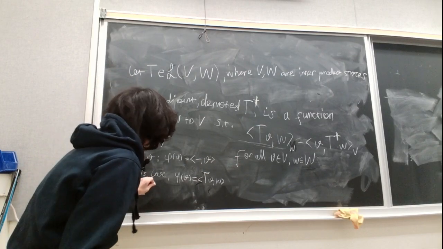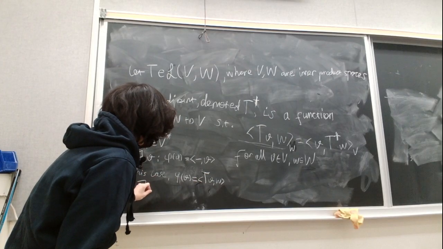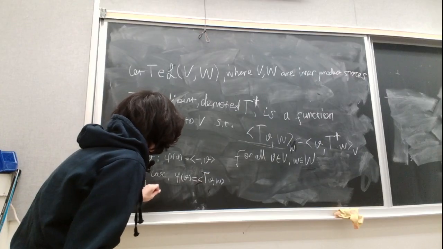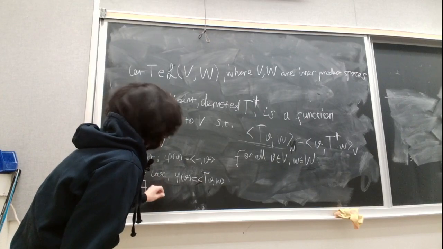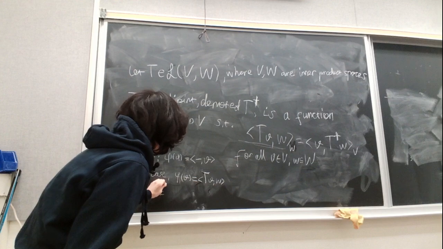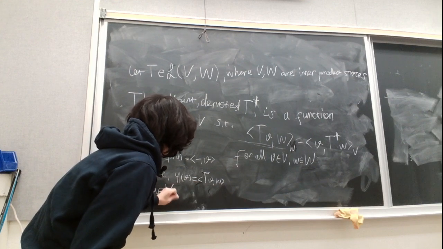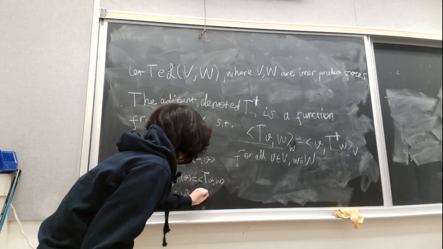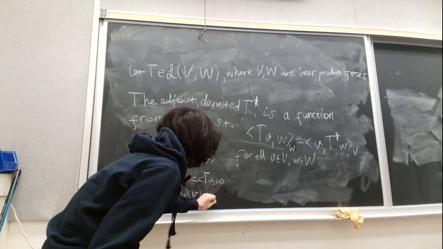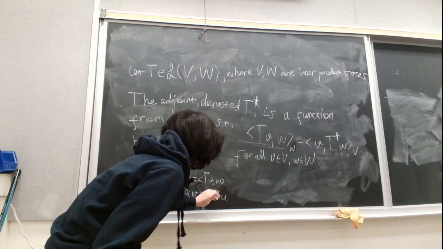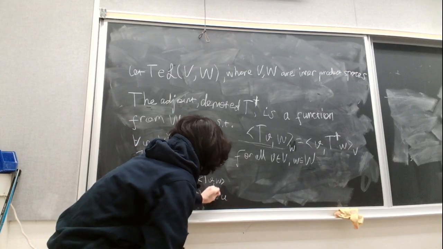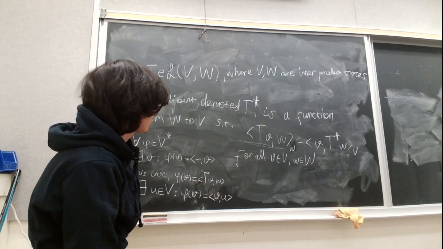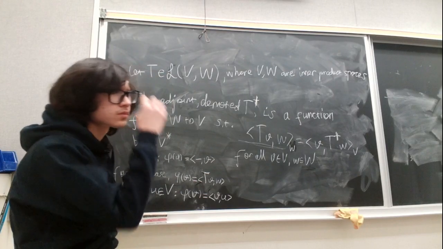Let's do that. There exists a u, literally following the theorem, such that phi of v is equal to v inner product u. Okay, good. So we fixed v, and for a given v, I can find this u.